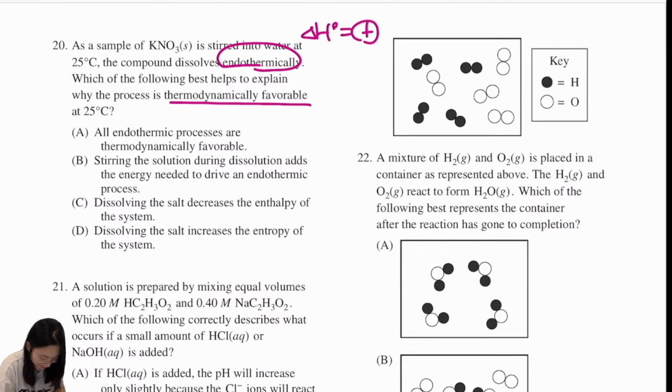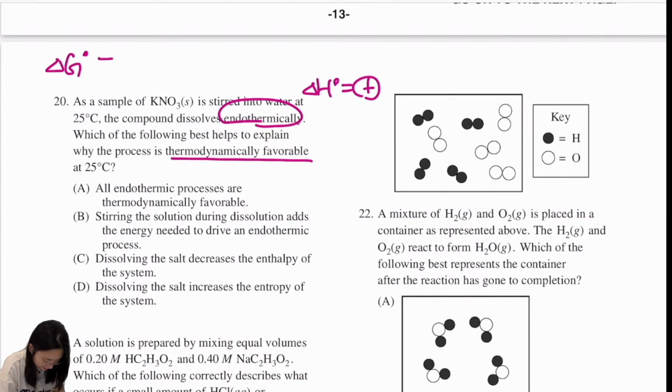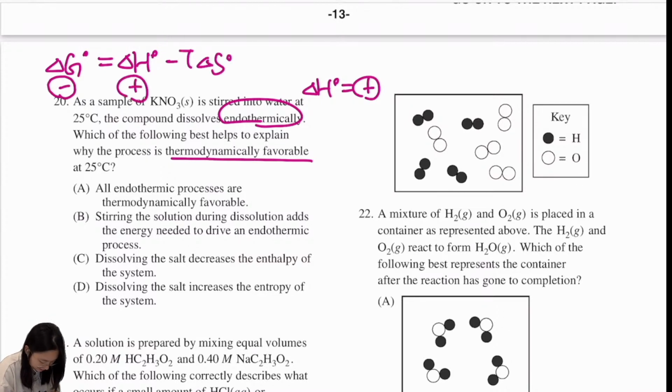Okay, so it means delta G is a negative value, while delta H is positive. Then it must be due to the fact that T times delta S is a much bigger positive value.